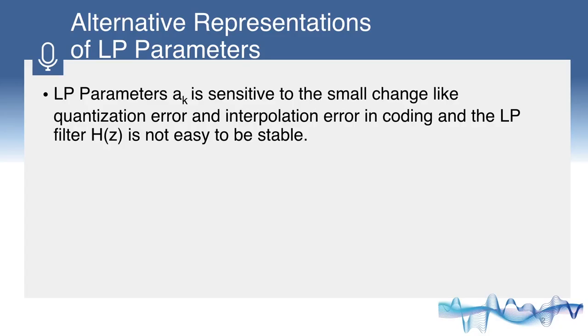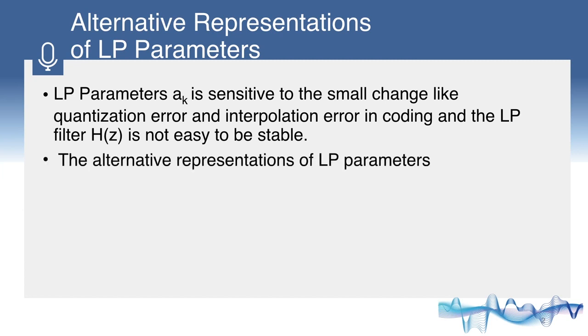Linear prediction parameters, alpha k, are sensitive to small changes like quantization error and interpolation error in coding, and the LP filter, H(z), is not easy to keep stable.